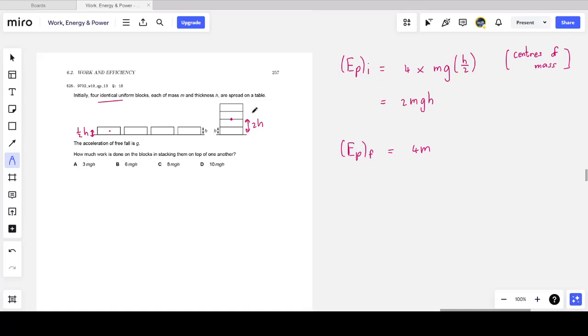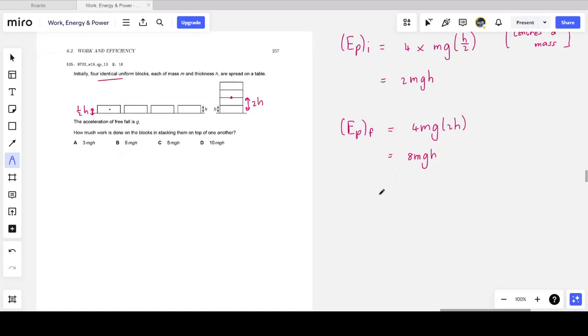So the center of mass of the 4 blocks put together, if they were one complete system, was 2h. So that's 4 times the mass times g multiplied by 2h, which is 8 mgh. Aha, so now I have a different final potential energy than the initial. So they have different potential energies before and after.